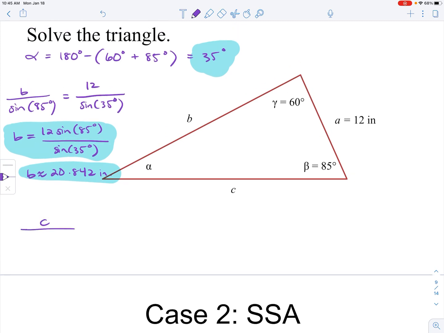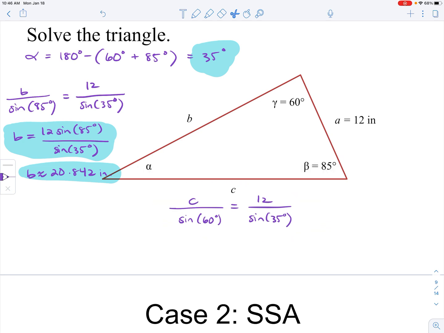Okay, and then to solve for side C, I'm going to put C in the numerator over sine of 60 degrees equals 12 over sine of 35 degrees again.